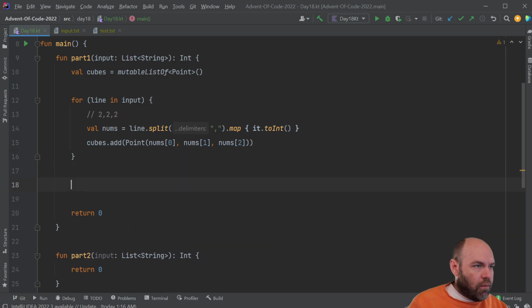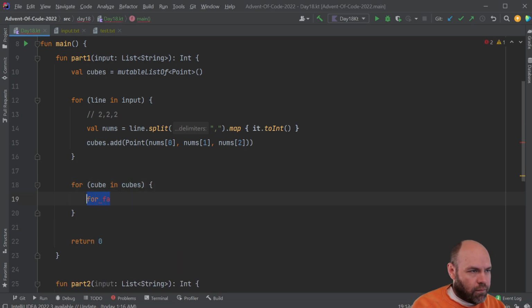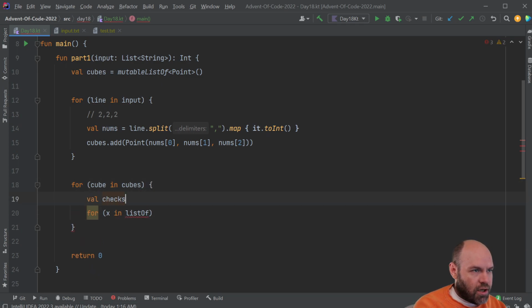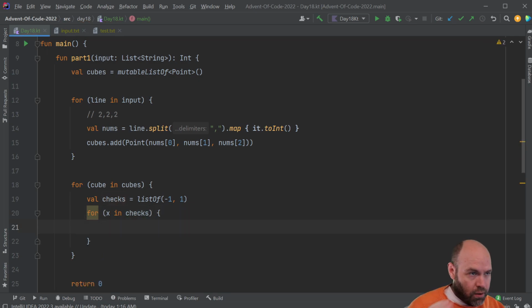And then we just want to go through and, for each cube, we can just do, let's just do val checks is going to be a list of -1, 1. And then for x in checks, so this is going to basically only do the for loop twice, once with -1 and once with 1.